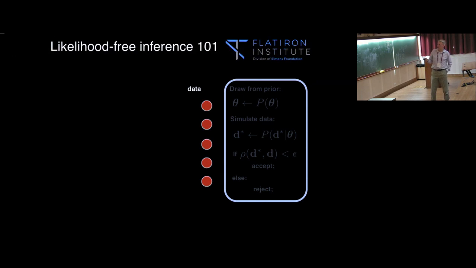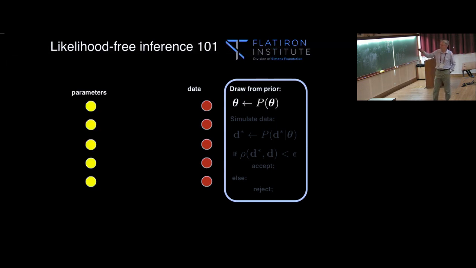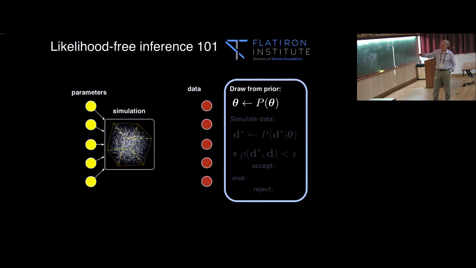So here, likelihood-free inference 101. This is a bit familiar. It's basically the naive model, so I'm going to go through it quickly. You draw from the prior, you get a bunch of parameters out from that. You do some simulation, so you run your large-scale structure simulation.